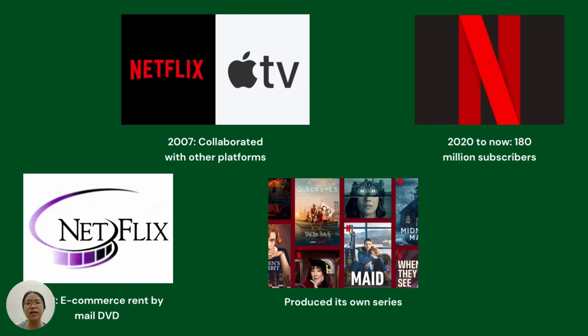From there, the brand collaborated with electronic companies, putting Netflix onto gaming platforms, smart TVs, and Apple devices. A few years later, Netflix started to produce original series such as Orange Is the New Black and Stranger Things. Now, Netflix has more than 180 million registered subscribers internationally and an incredibly strong brand identity.